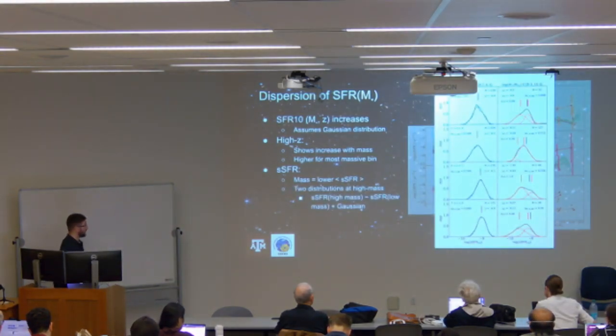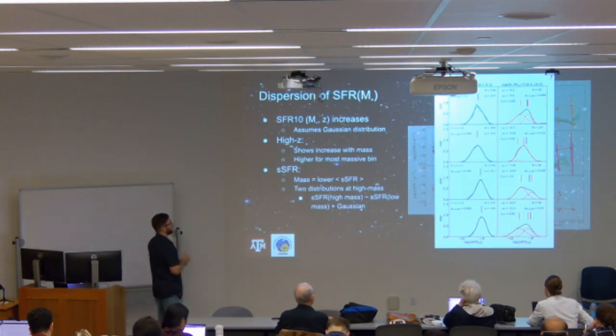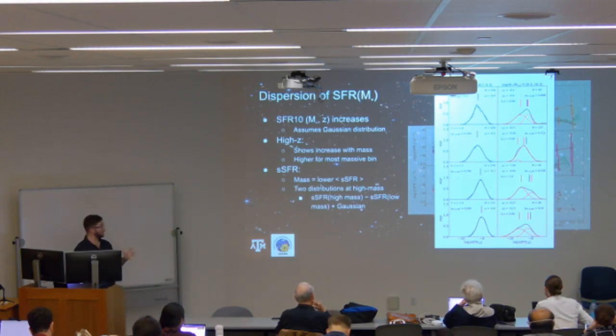And it turns out that that's kind of true. On the left, I'm showing the distribution of specific star formation rate on 10 megayear timescales for my low mass sample of galaxies, and on the right, I'm showing the same for the high mass sample. The bars just show the mean of the peaks of the fits.